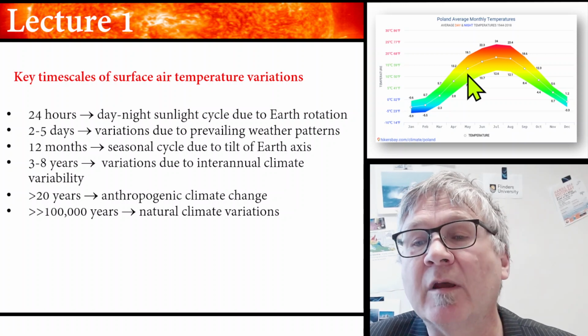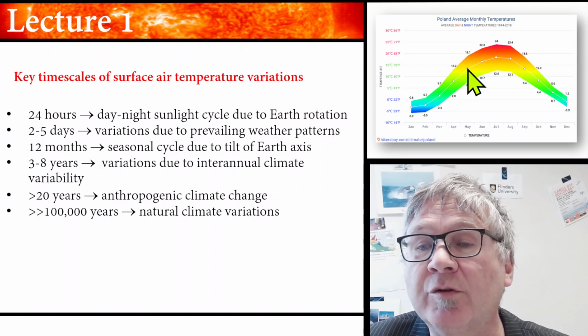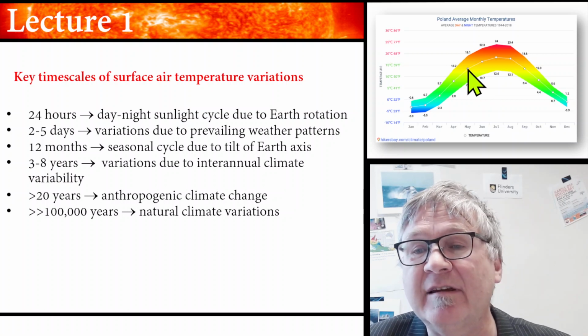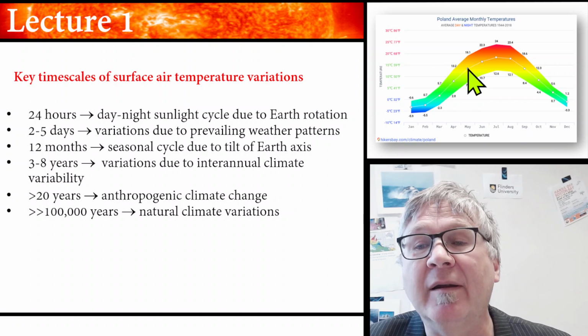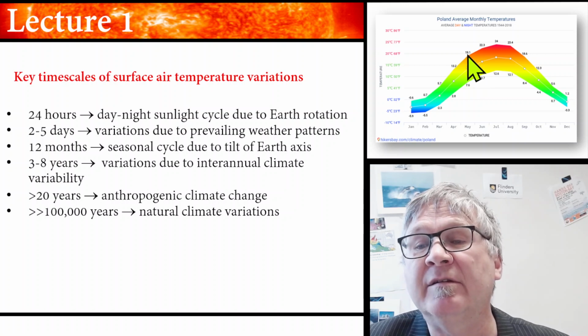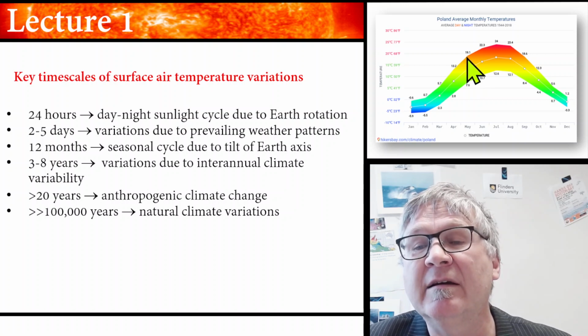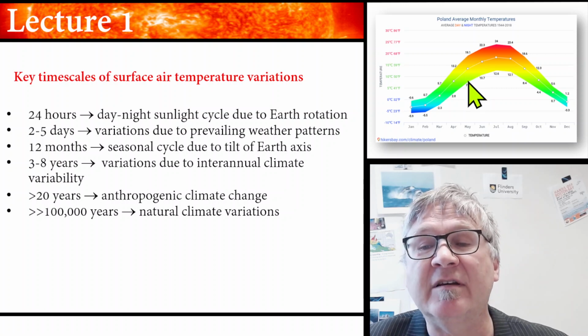These little white dots here show you the average daily temperatures, but you can also see the maximum day temperature in the top panel here, and the average nighttime temperature at the bottom.